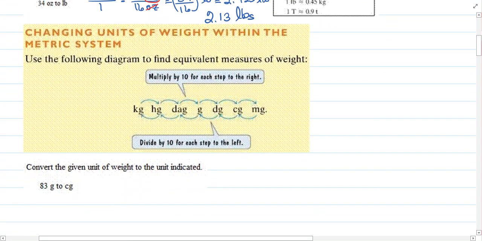Well, here's our metric. We know metric is a base 10. And we know that if we move to the right, then the decimal moves to the right, the same number.